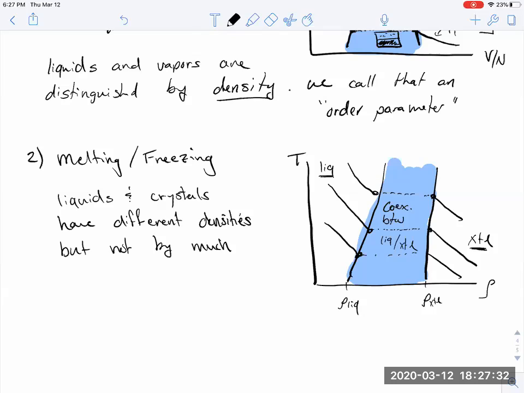Now, you all know that entropy is not a measure of disorder. So indeed, there are counterexamples where crystals have higher entropy than their liquids. So entropy, though in many cases similar to an order parameter, is not itself an order parameter.